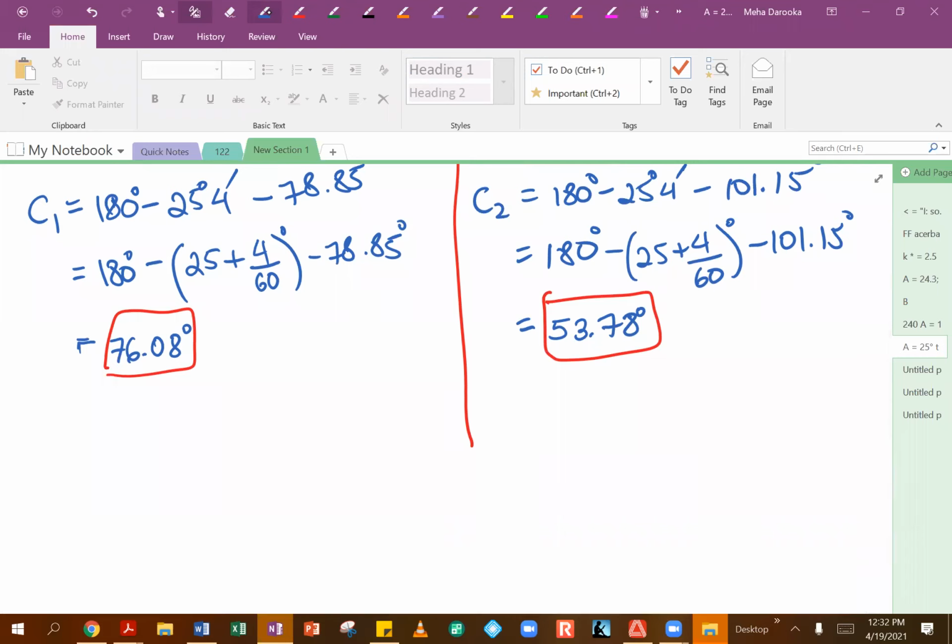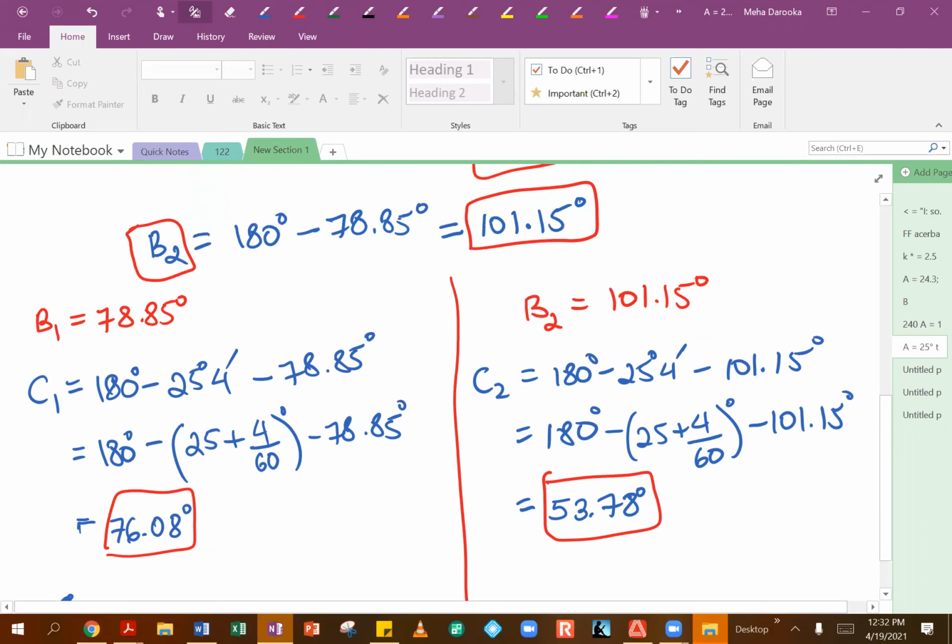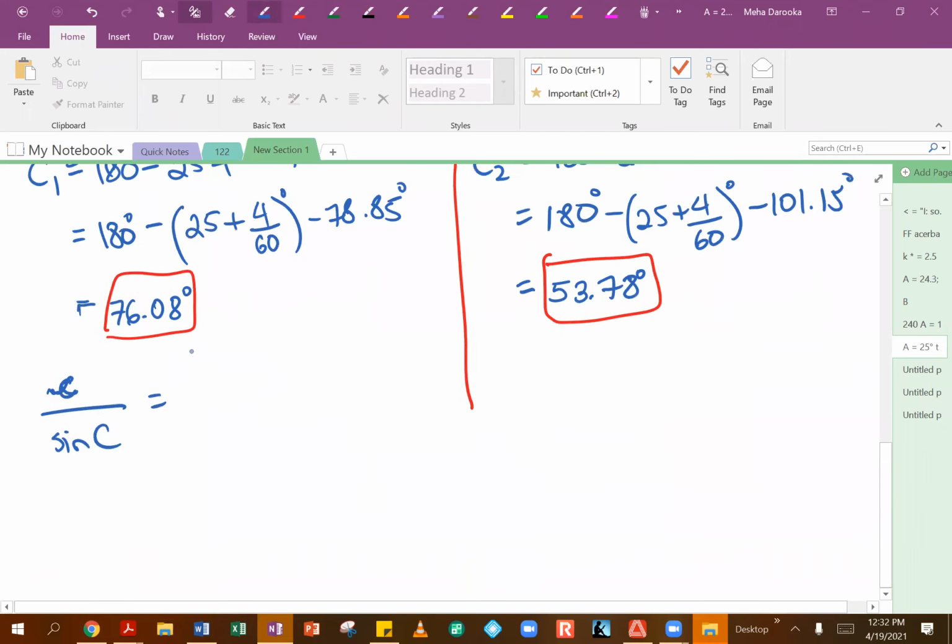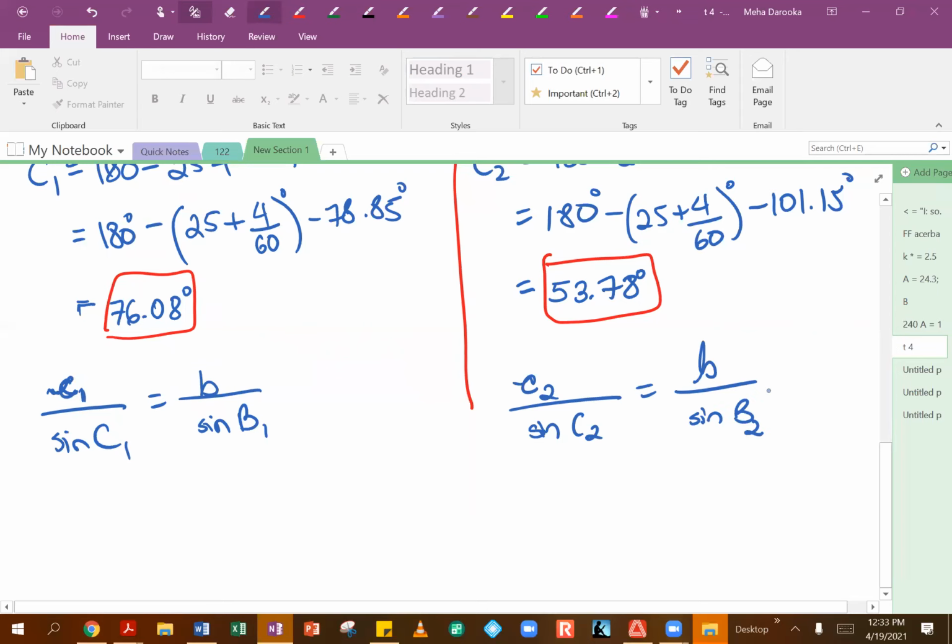Now for the last part where you're trying to find side C, you can do again side C over sine of C equals, I guess we can do with side B over sine of B, but this will become B1, C1, and this will be small letter C1. And then on this side, it will just be C2 over sine of C2 equals B over sine of B2.